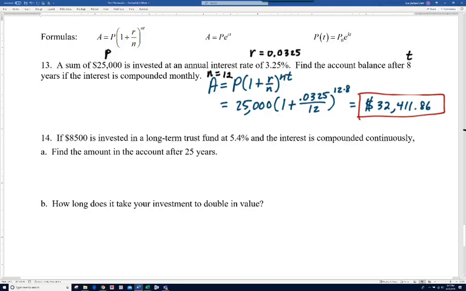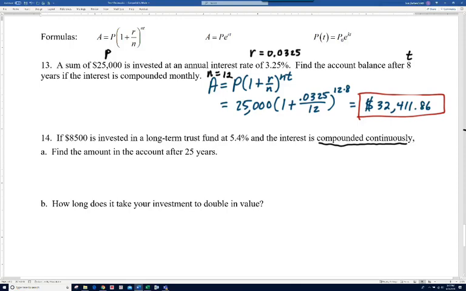Let's look at number 14. It says if $8,500 is invested in a long-term trust fund at 5.4% and the interest is compounded continuously, so this time is different, find the amount in the account after 25 years.